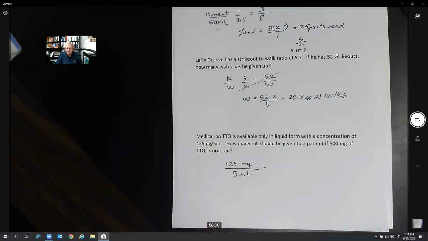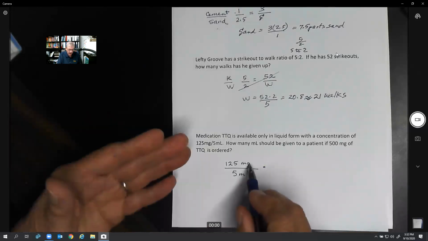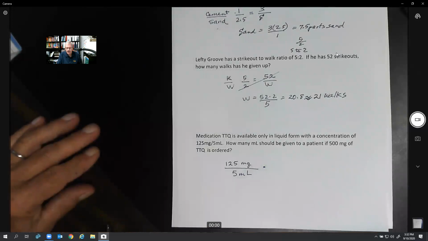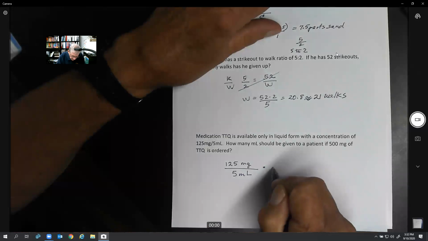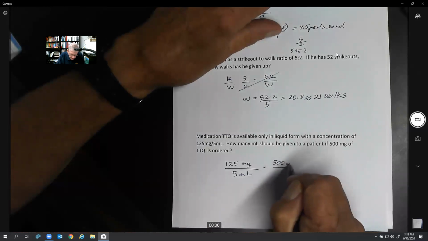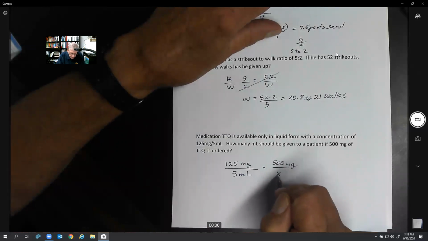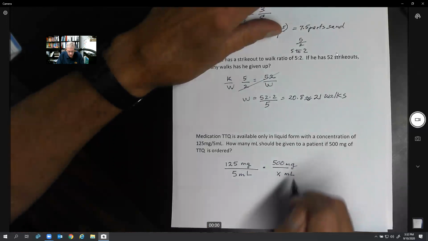So now you've got to convert it. Where should I put the 500 milligrams? Should I put it on top or on the bottom? See, here's the trick. So yes, I'm going to put it on the top. 500 milligrams go on the top. And we're trying to figure out how many milliliters, X amount of milliliters we have to mix up.